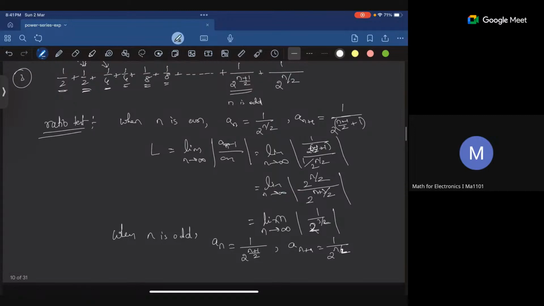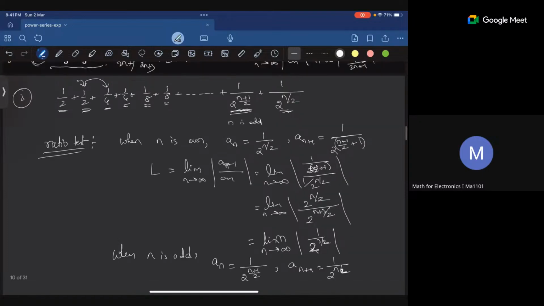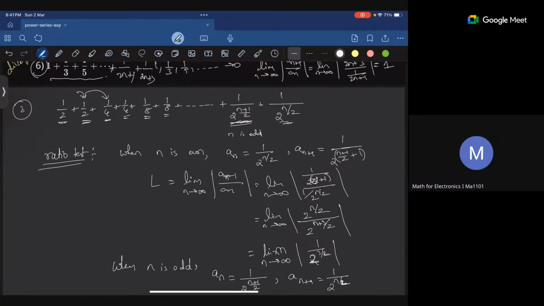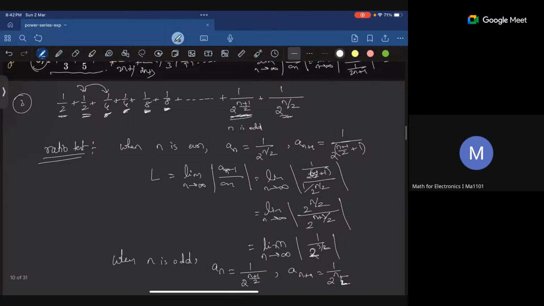So these will be our nth term and (n+1)th term. If your a_n is 1/4, your a_(n+1) will also be 1/4. If your a_n is 1/8, your a_(n+1) will be 1/8. So when n is odd, your (n+1)th term is the same as the nth term.